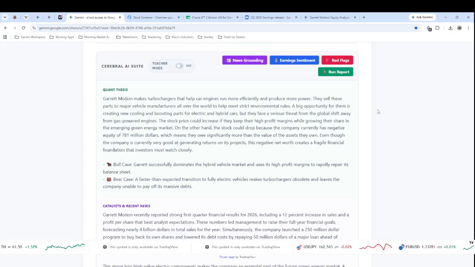But they face a serious threat from the global shift away from gas powered engines. The stock price could increase if they keep their high profit margins while growing their share in the emerging green energy market. On the other hand, the stock could drop because the company currently has negative equity of $781 million.